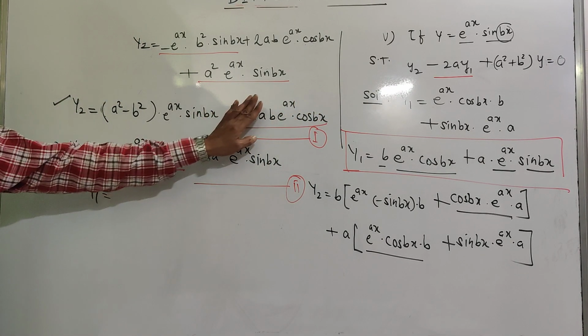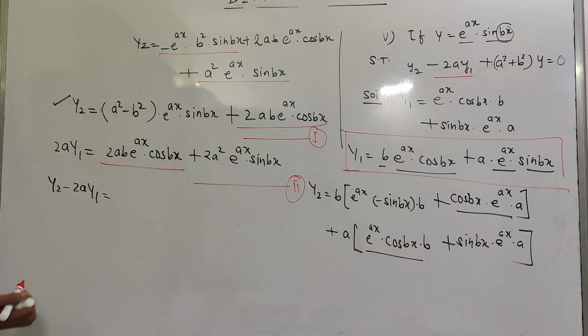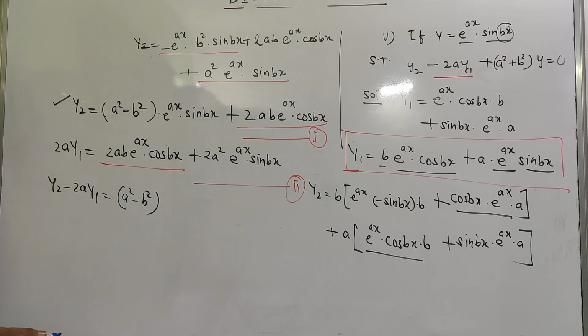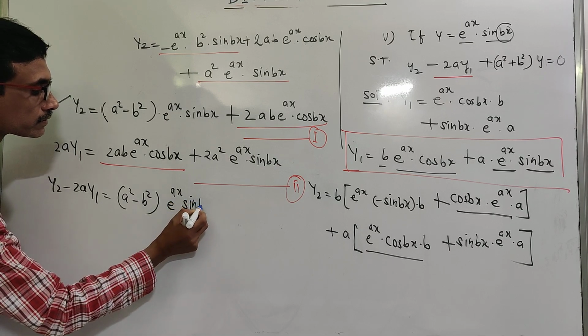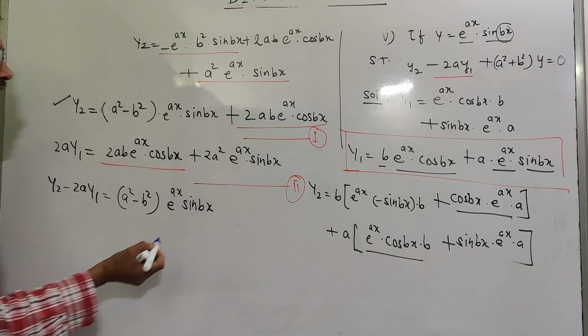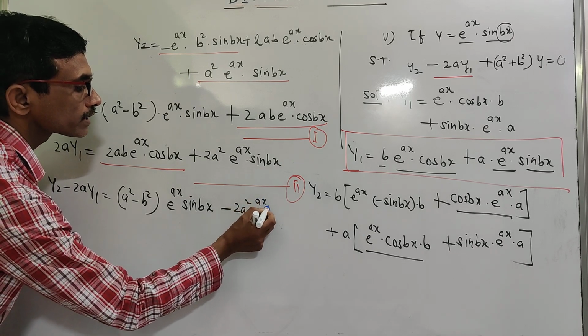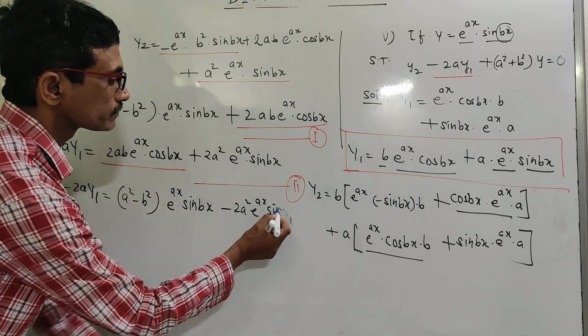So we will not write this, only this and this we write, that is a square minus b square e raised to power ax sin bx and minus 2a square e raised to power ax sin bx.